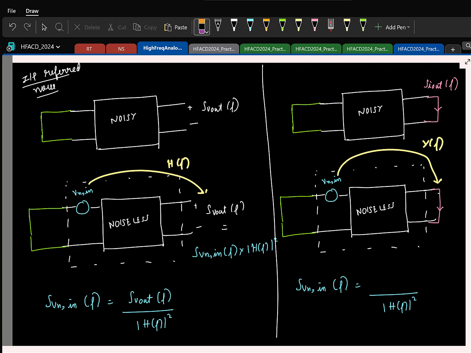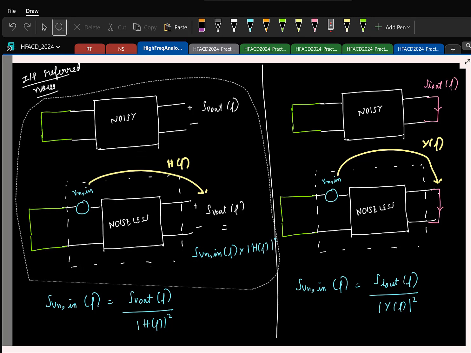So you can find the input referred noise power spectral density like this also. You find the short circuit output current PSD divided by the corresponding transfer function squared. Both will be same. In some cases finding the short circuit current might be easier, in some cases finding the voltage is easier. Depending on your circuit you can do either. Great.